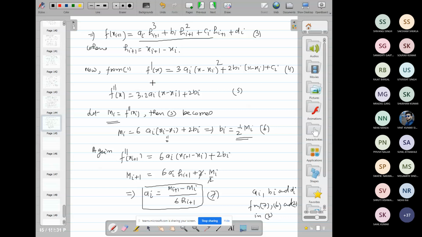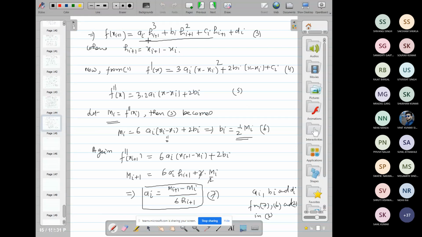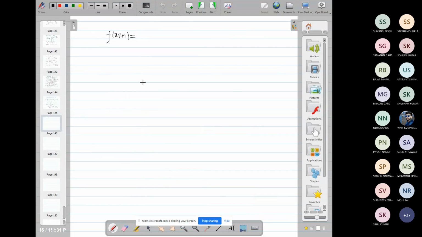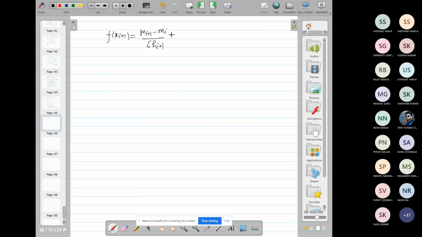f xi plus 1 is equal to, you see, ai hi plus 1 cube. The ai is here (mi plus 1 minus mi) upon 6 hi plus 1, times hi plus 1 cube. Plus bi.